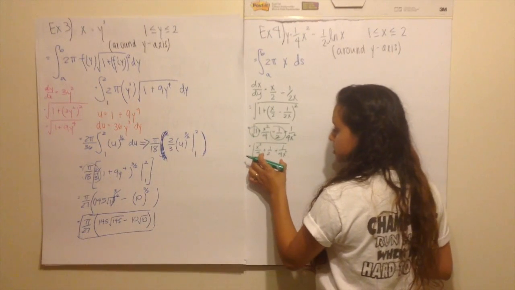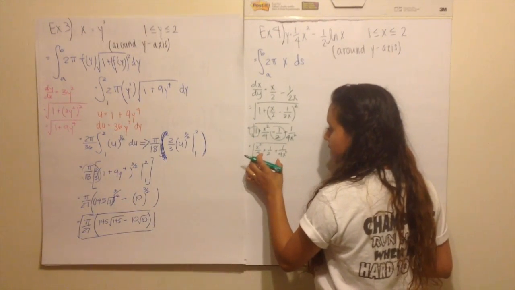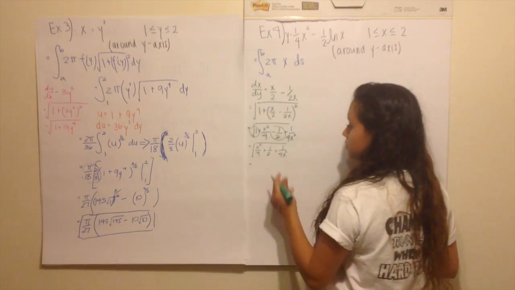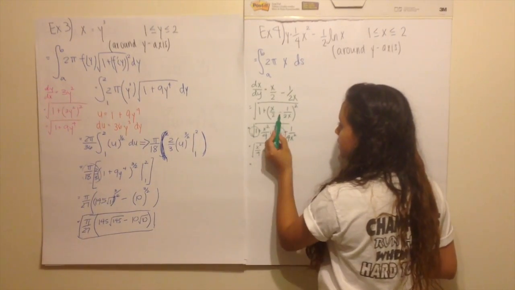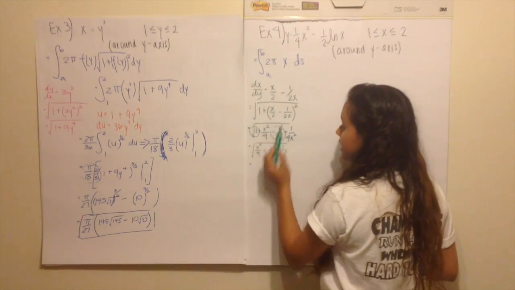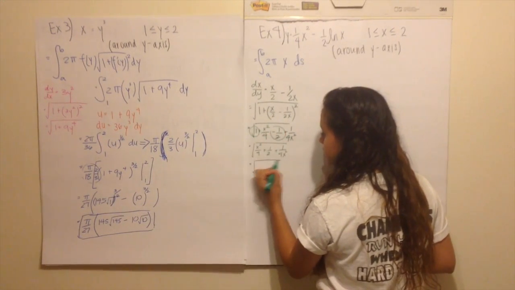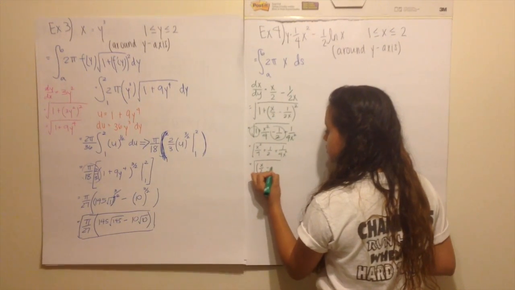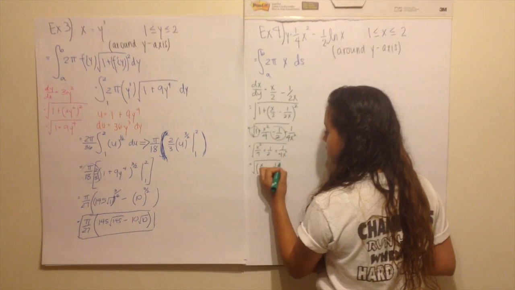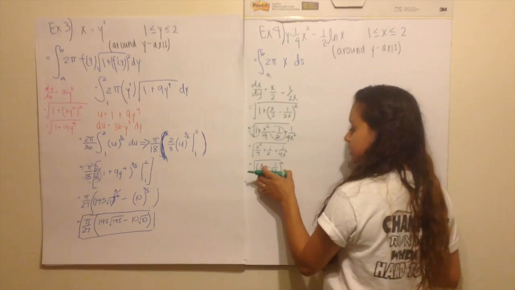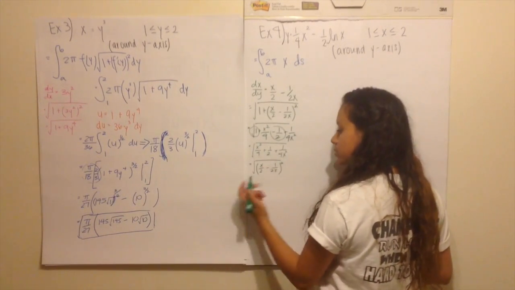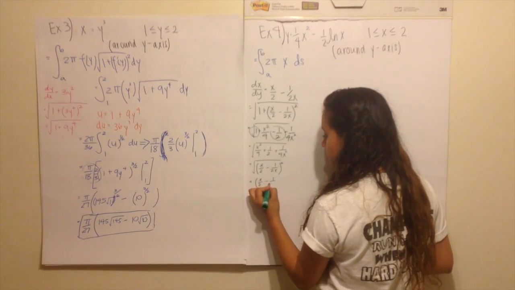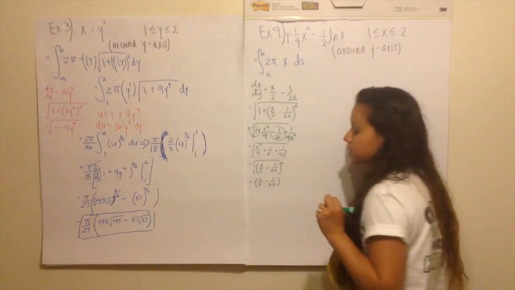And this we can actually factor into this, but instead of having minus, we get plus. So it would be x over 2 plus 1 over 2x, all squared. And since this is squared and they want us to take the square root, it's basically just down to x over 2 plus 1 over 2x.